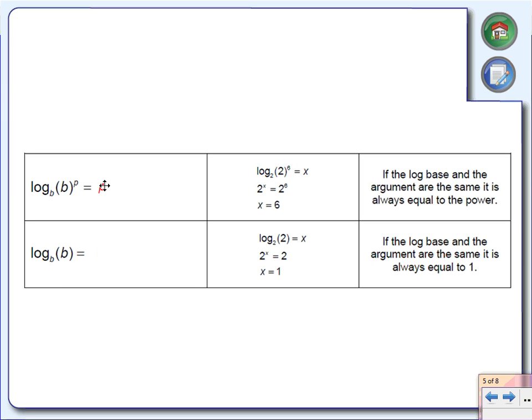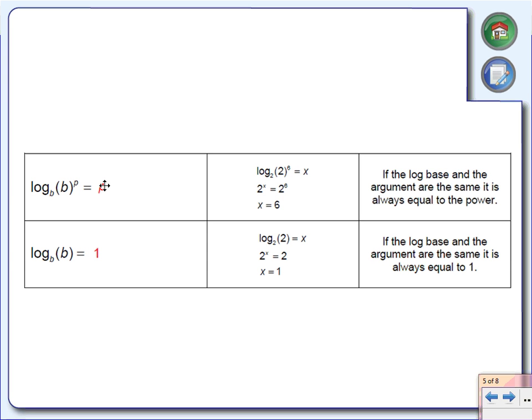Okay. So if that's true, what about this one over here? What do you notice about the base and the argument? They're the same. So what did I just say? We're going to keep the exponent. So what's the exponent on this thing? 1. Guess what the answer here is? 1.